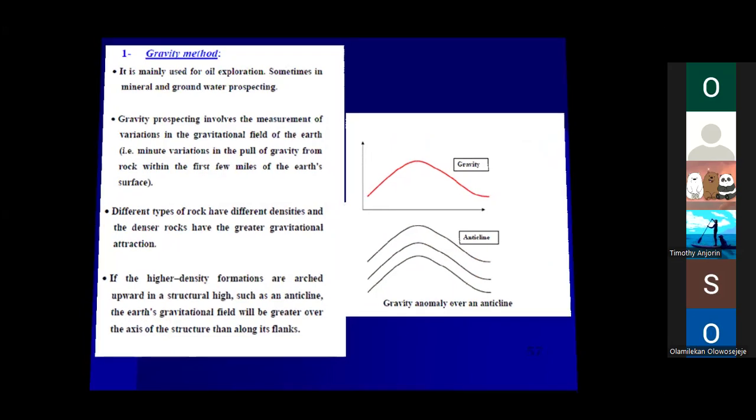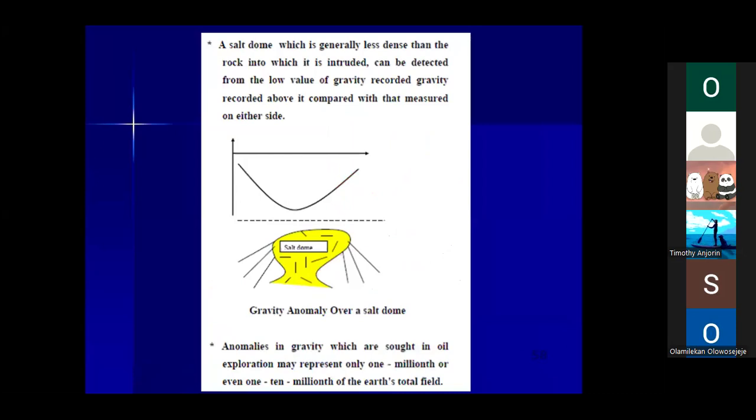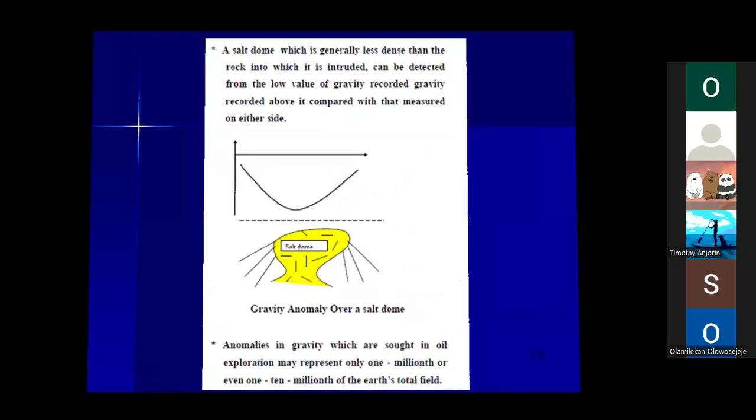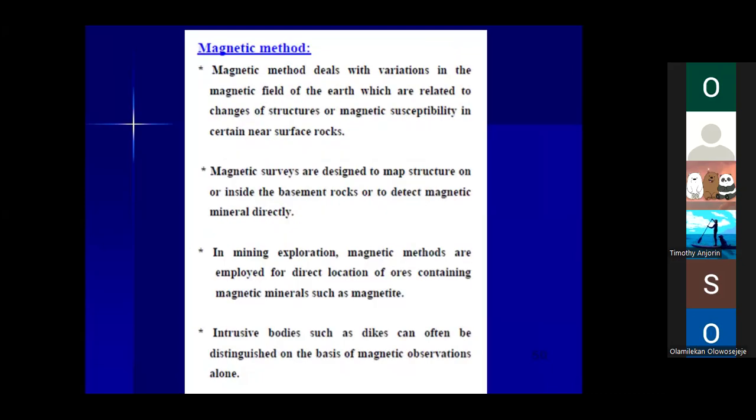So this is for gravity anomaly, salt dome, okay? The magnetic methods are related to changes of structures and magnetic susceptibility in certain near surface rocks. The magnetic surveys are designed to map structure on or inside the basement rocks or to detect magnetic minerals directly.